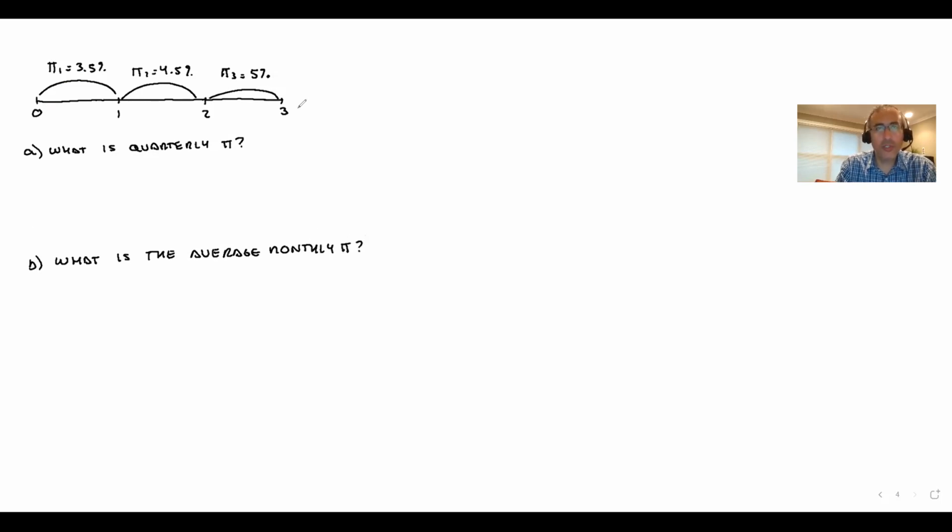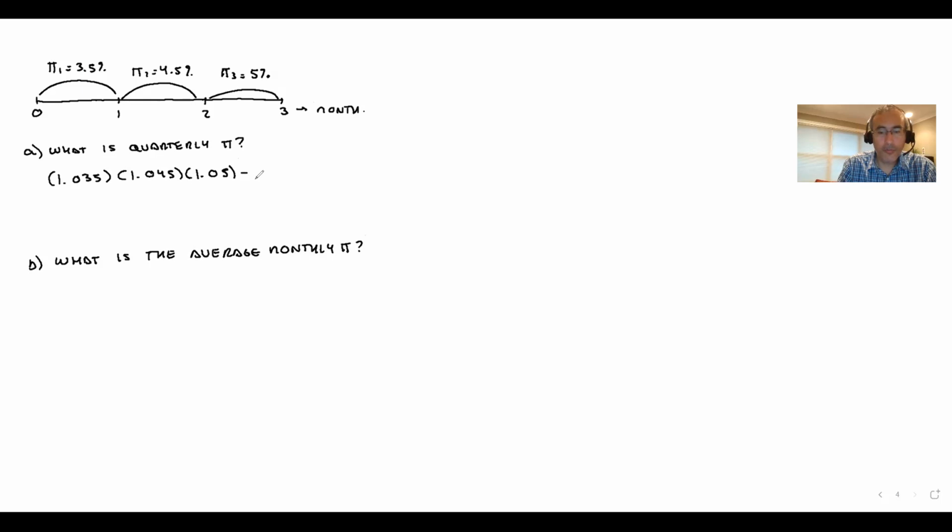Okay, so if we assume that these are months. Well, remember, first thing you need to remember, guys, is that inflation is a compounding interest rate. Okay, inflation is a compounding interest rate. And as such, guys, how do we compute what is the inflation for the quarter? Well, it's going to be 1.035 times 1.045 times 1.05 minus 1.